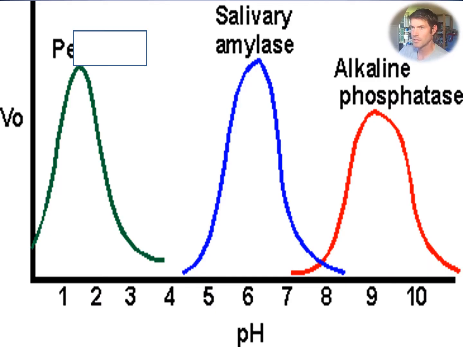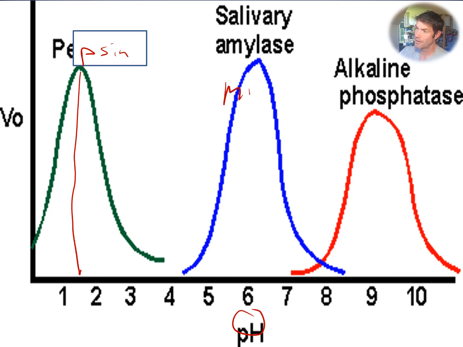Here are some examples right here. You look at the pH. Different types of enzymes are made to work in different areas. So this is pepsin. It's found in your stomach, and you'll see it likes about 1.5, which is very acidic. And salivary amylase, that's in your mouth.